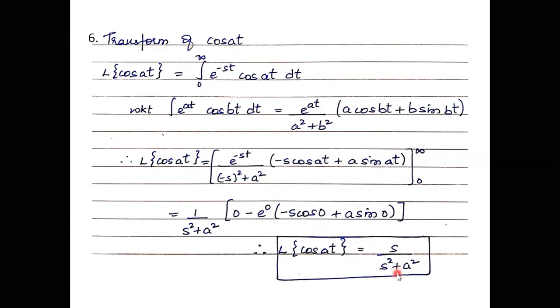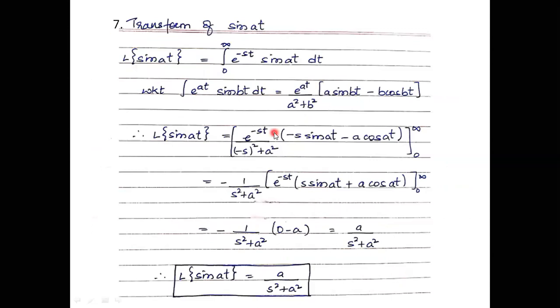Moving on to the next transform, the Laplace transform of sin at. Using the definition of Laplace transform, I have the integral from 0 to infinity of e^(-st) sin at dt. The formula for this integral is e^(at) divided by (a squared plus b squared) into (a sin bt minus b cos bt).